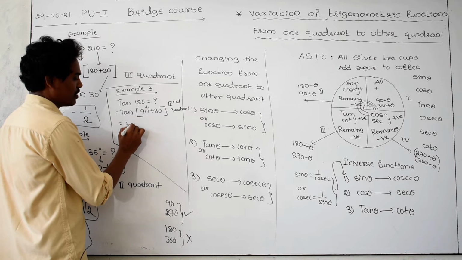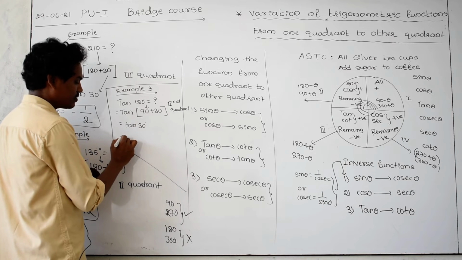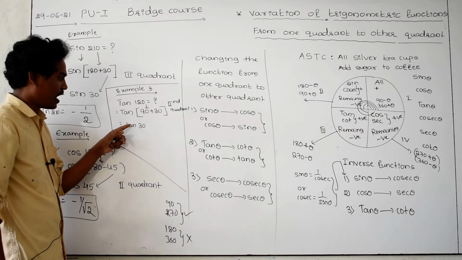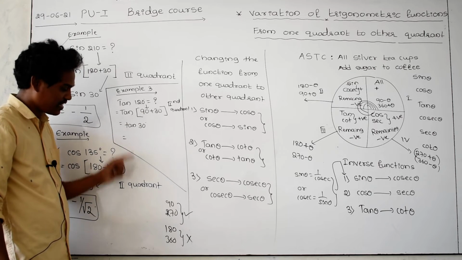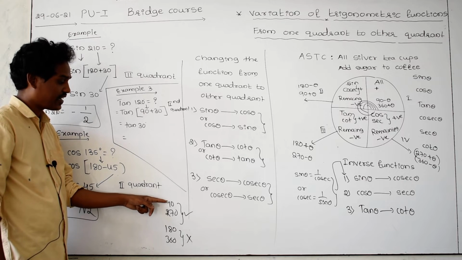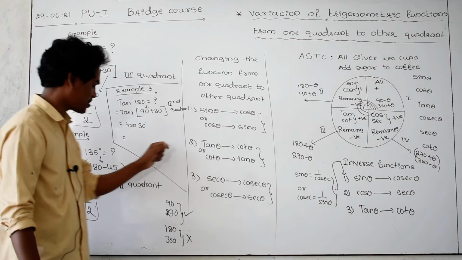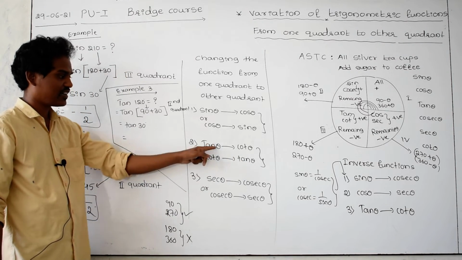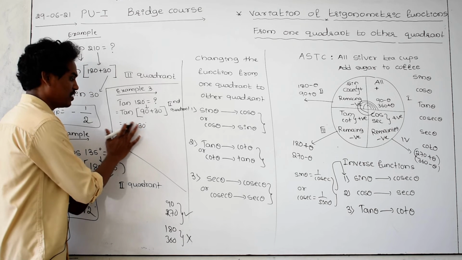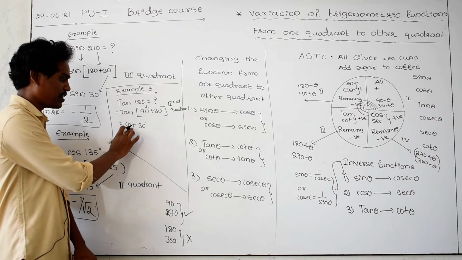Therefore, tan of 90 plus theta means tan theta, tan 30, right? And here, the range 90 is there. Then tan becomes cot. Tan becomes cot because when 270 and 90 are there, tan becomes cot and cot becomes tan. Now tan becomes cot 30.